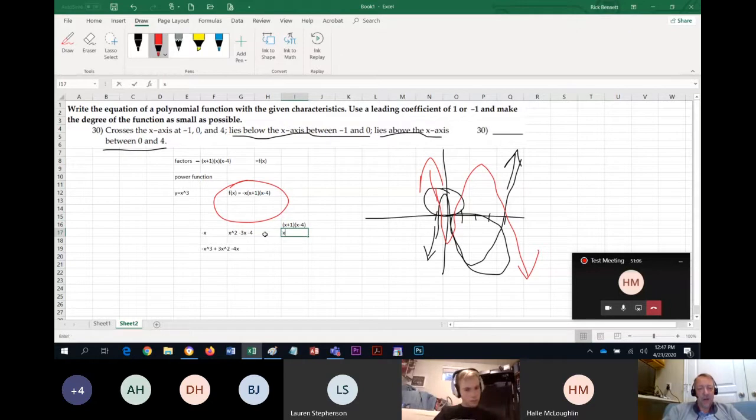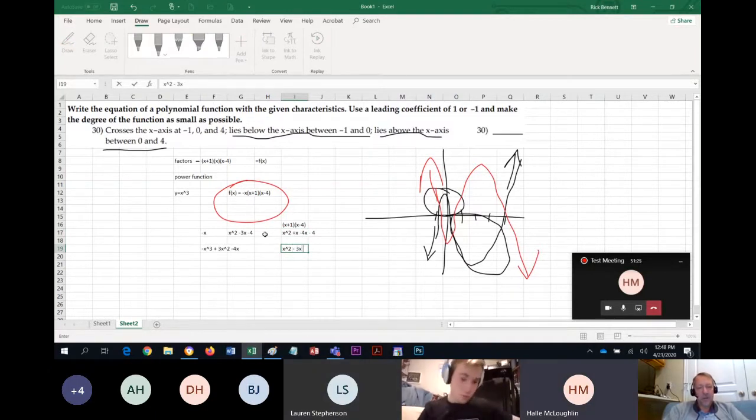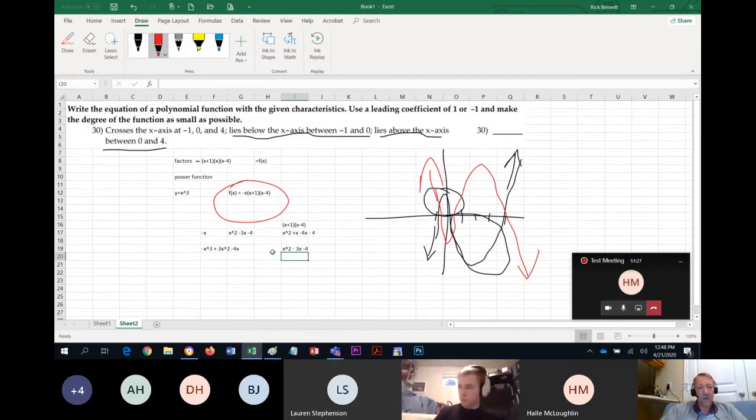So this becomes x squared plus x minus 4x minus 4. Those two middle terms combine, and I'm left with x squared minus 3x minus 4. Oh, yeah, that's what I had. And so actually this negative 4x needs to be a positive 4x.